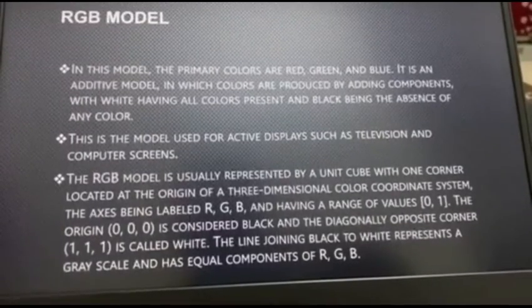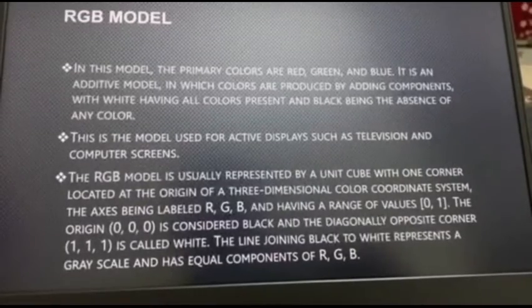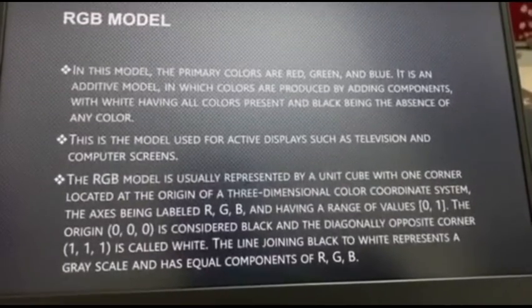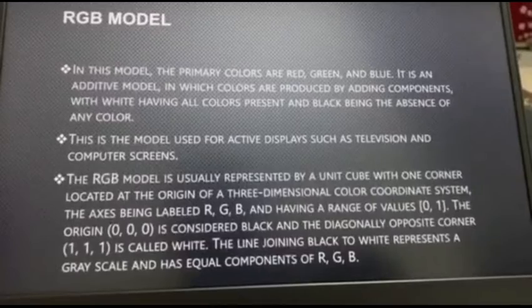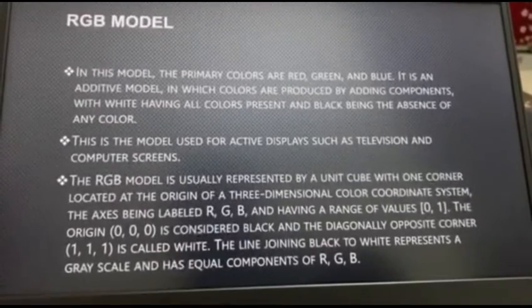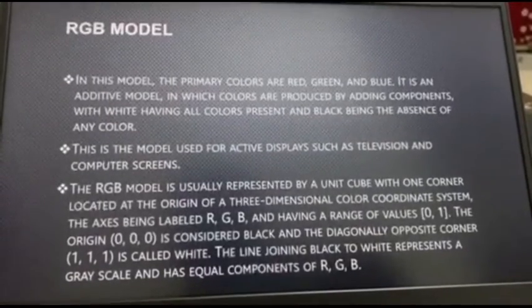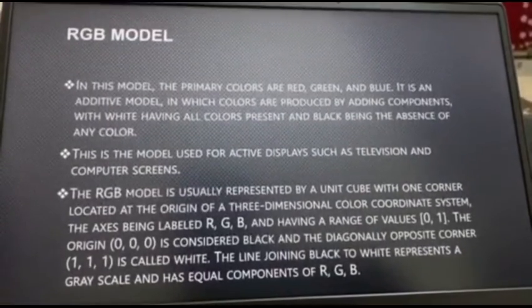It is an additive model in which colors are produced by adding components, with white having all colors present and black being the absence of any color. This is the model used for active displays such as television and computer screens.